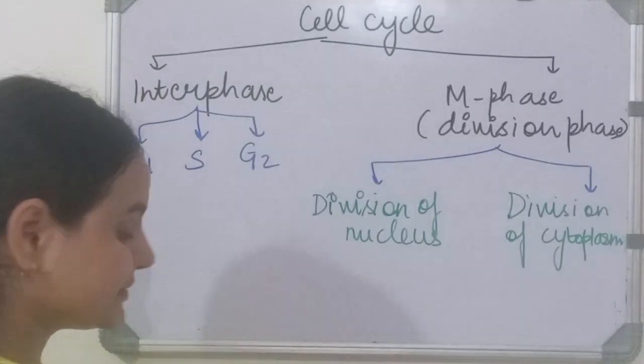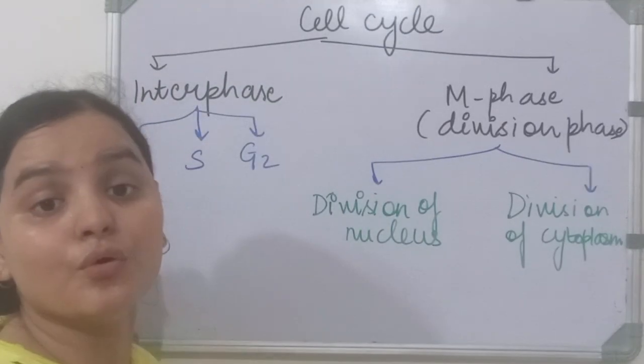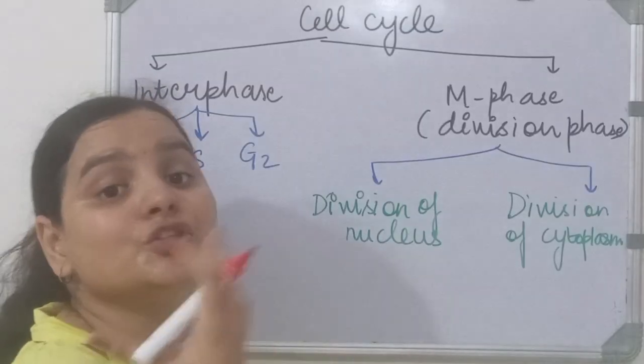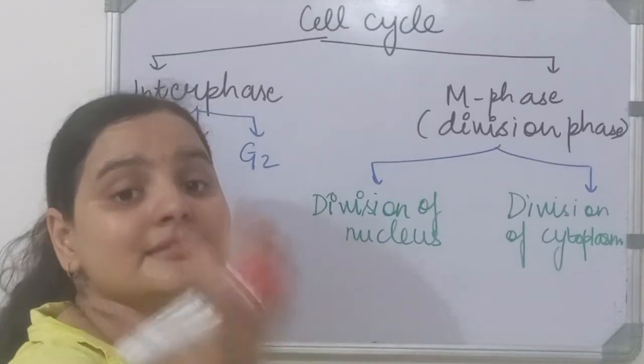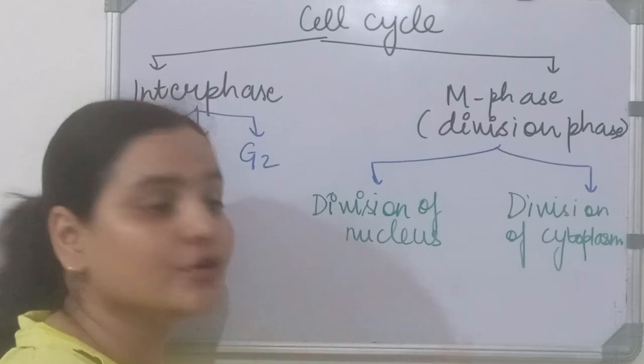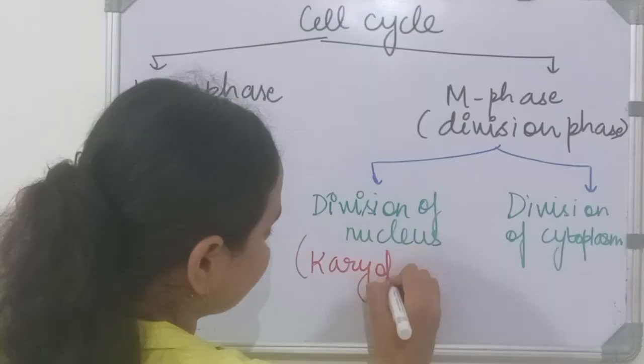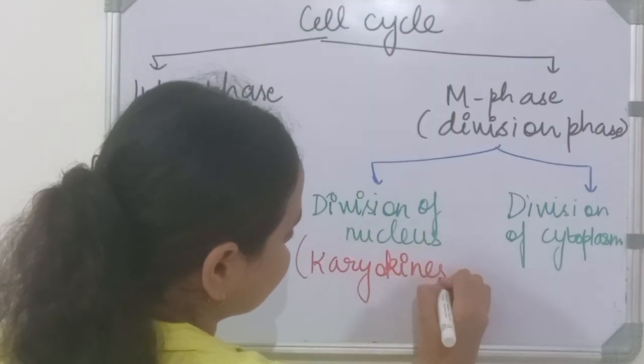So this division of nucleus is known as karyokinesis. Karyo means nucleus and kinesis means division. So division of nucleus is known as karyokinesis.